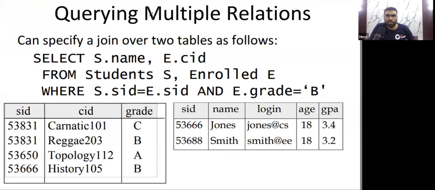Now consider this query and tell me in the output how many tuples will be there. Tell me quickly. This query is on your screen, and these tables are given to you. This is the students table and this is the enrolled table.